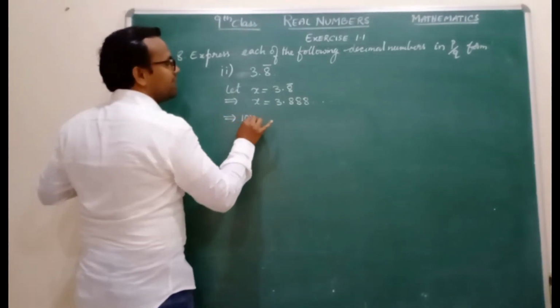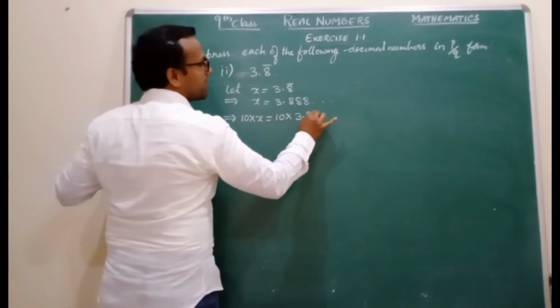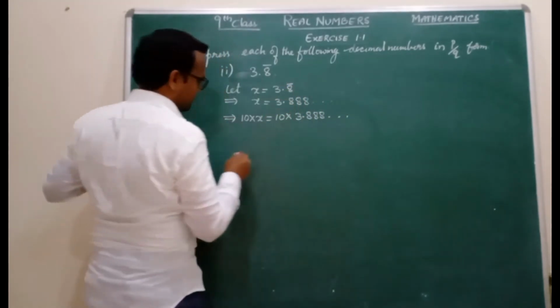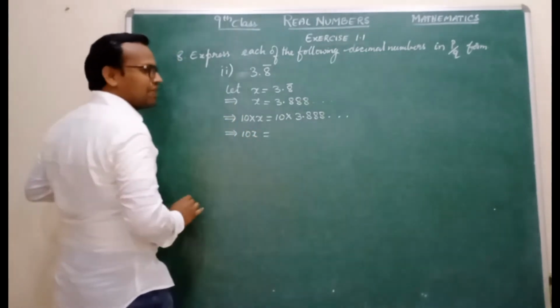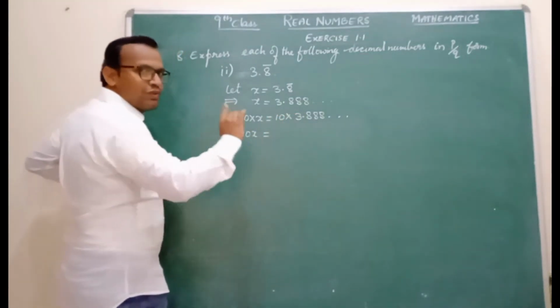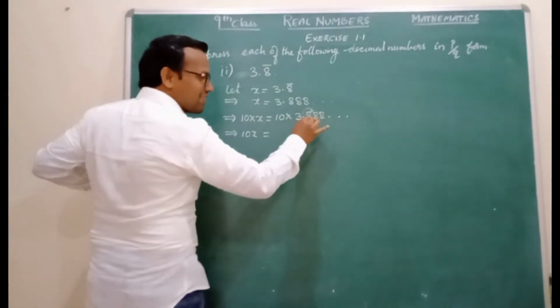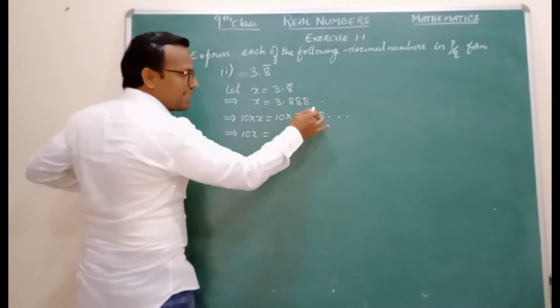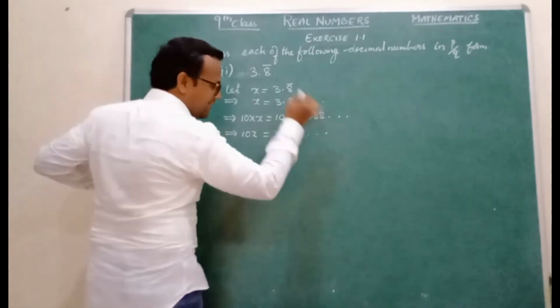So 10 into x is equal to 10 into 3.888 and so on. So 10 into x is nothing but 10x, which is equal to 10 into, so point moves one place towards right side. So after this 8, point will come, means 3 8 then point, 38.888 and so on.